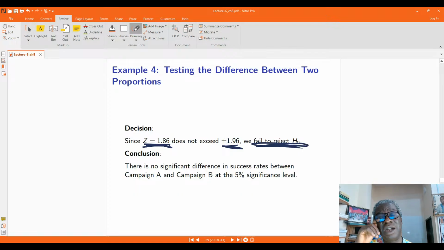So this is how we reach a decision, and this is the scientific procedure for arriving at a decision, whether in science, social science, engineering, any discipline for that matter.